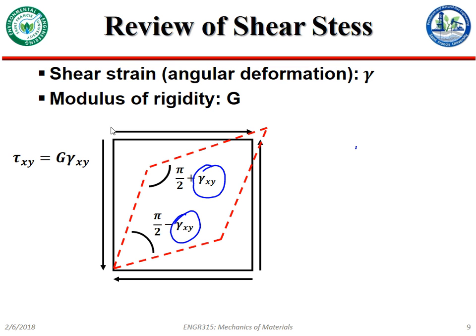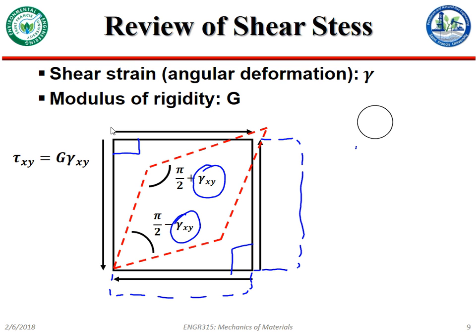So it starts out with nice right angles. If normal stress deforms in a linear fashion, shear stress deforms in an angular fashion. So a good measure of it is an angle in radians, always in radians.